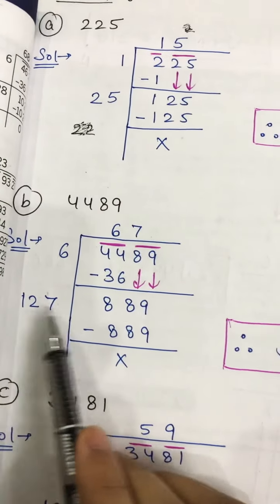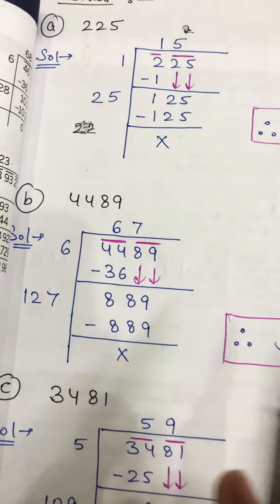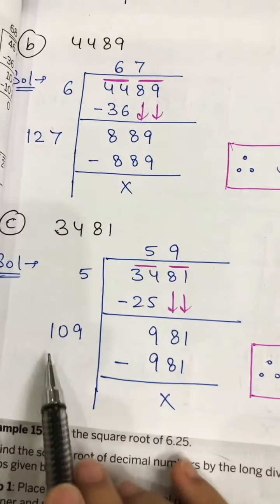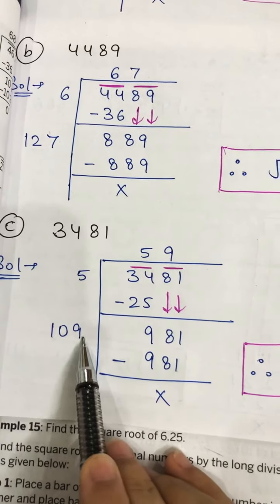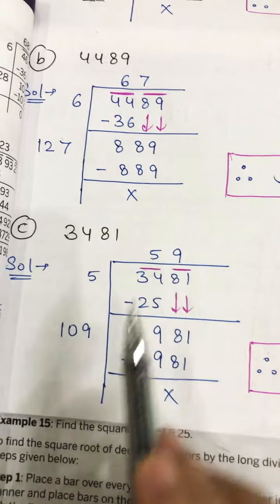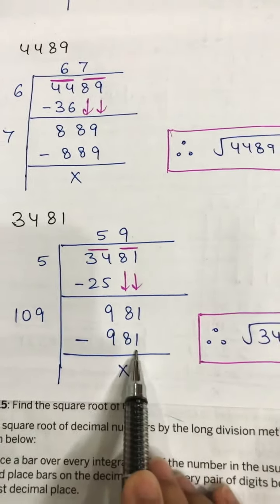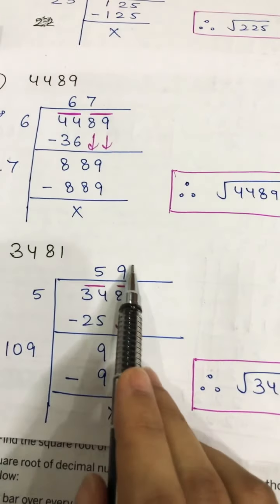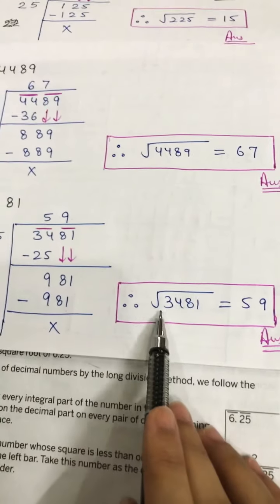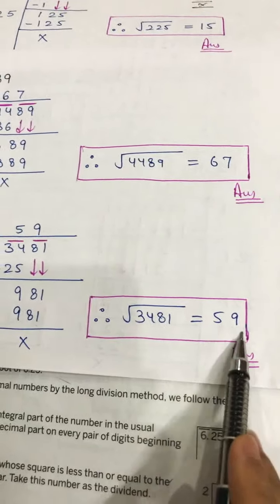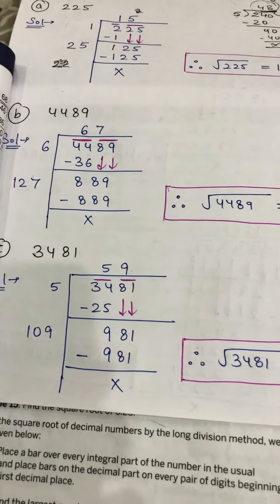Okay, when I multiply 127 with 7, I'll get this. Okay, 5 plus 5, 10. Now if I write here 9 and place 9 here also, then if I go for multiplication, 109 9s are 981. So my answer is 59. So the square root of 3481 is 59. This is your C part.